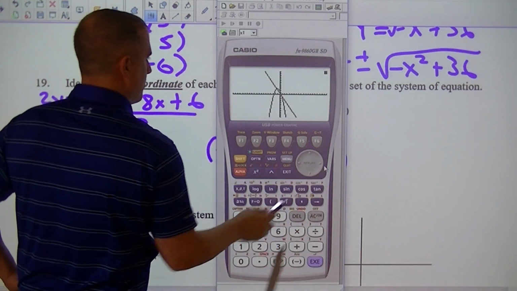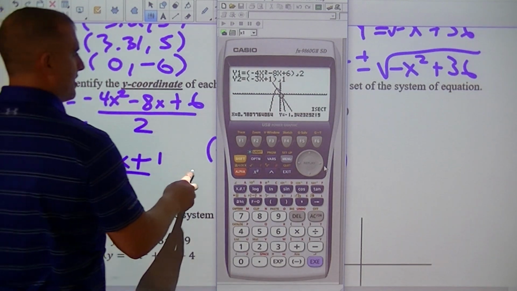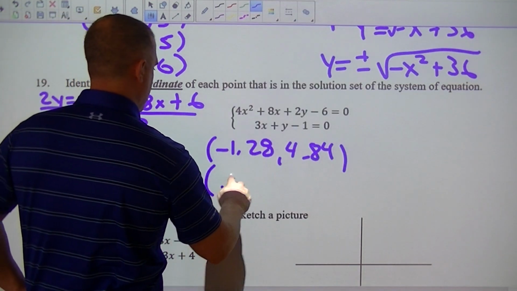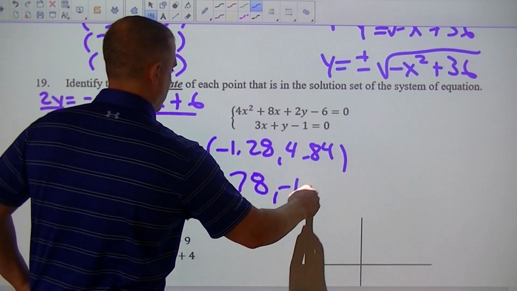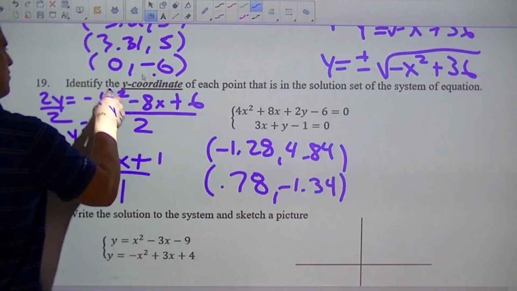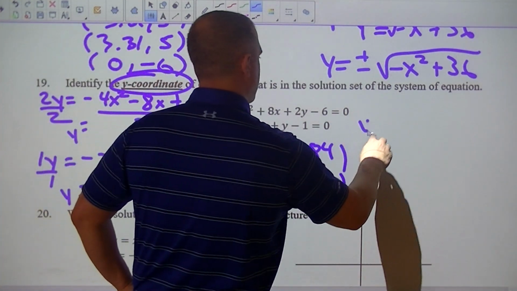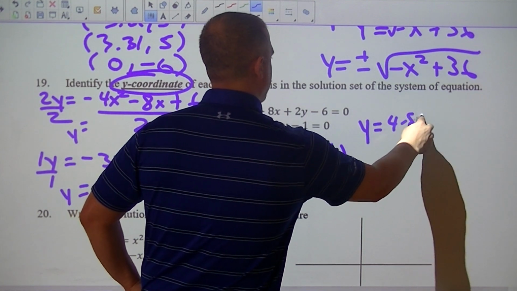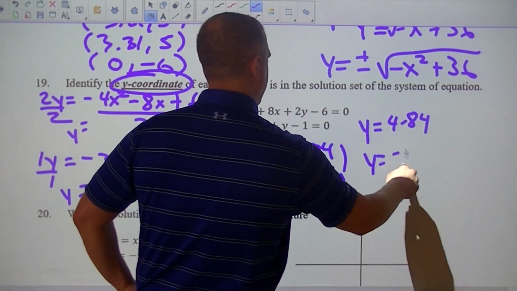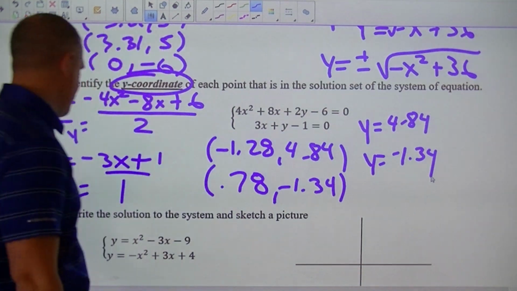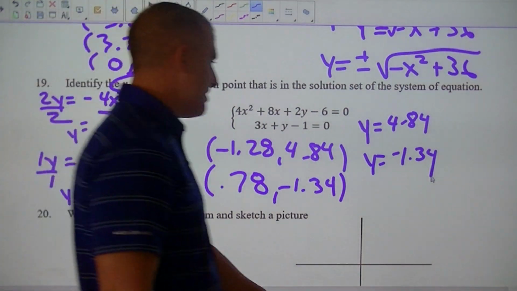And I hit over to get the other one, which would be 0.78 and negative 1.34. Okay? Once again, this question asks for the y-coordinate. So you should be ready to mark on your paper 4.84 and negative 1.34. Okay? And then let's go on to the last and final question.